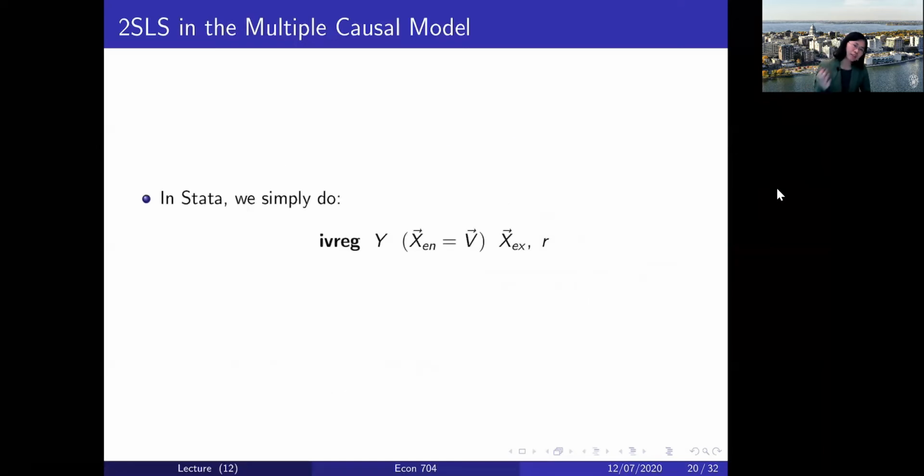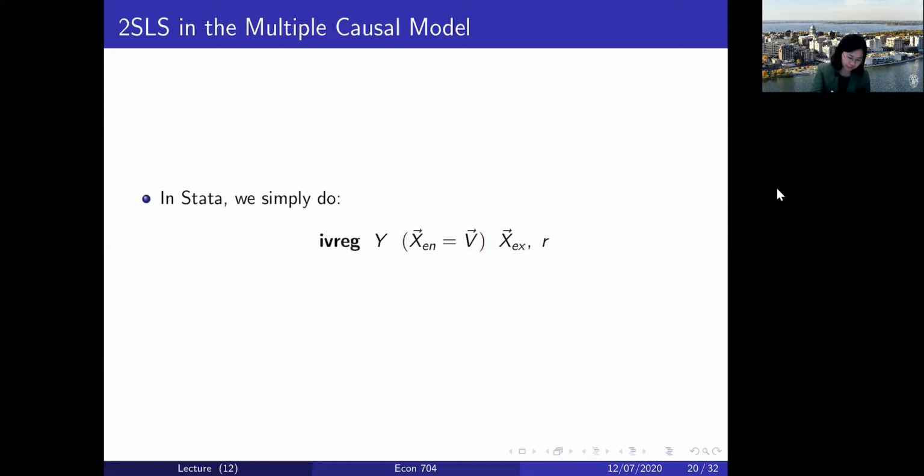So conceptually, it's a two-step procedure, but in Stata, we simply do one step using one command to do it all. So we do IV regress of Y, where Xen is endogenous, and we use V as the instrument for it. And there are also exogenous random variables here.